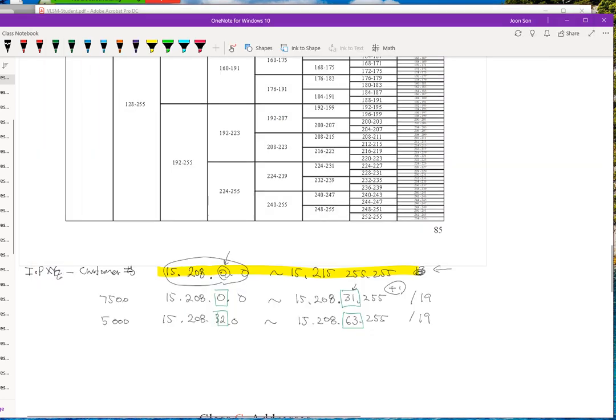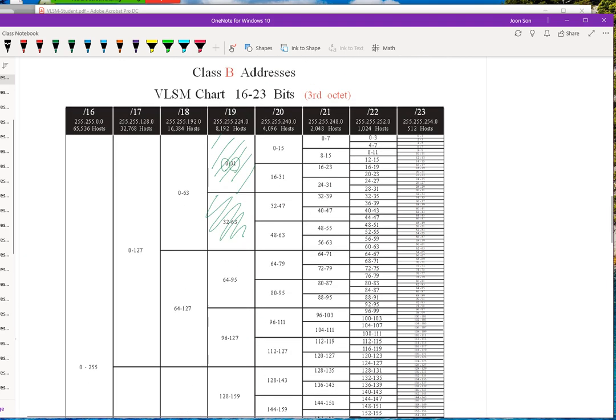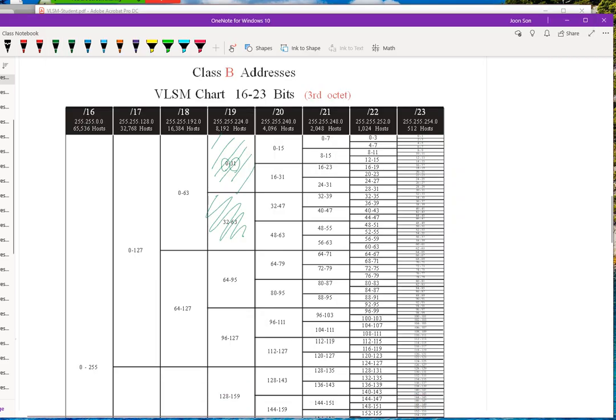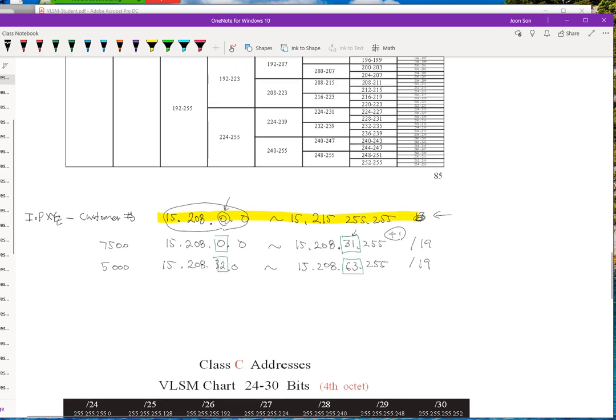No, hold on. I'm confused. Hold on. Let's see. Okay, so I'm sorry. The client number 2 is, I mean, the 5,000, right? So it's this block, and then the next one is 45. So I was confused. Sorry.